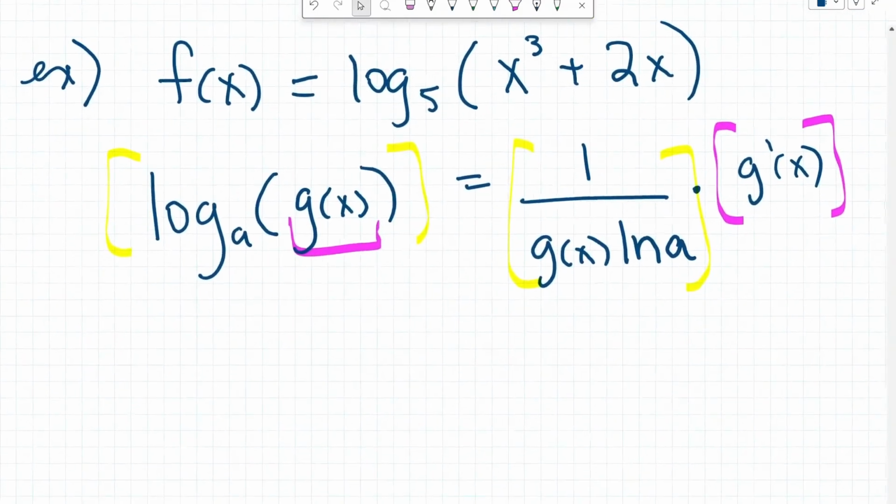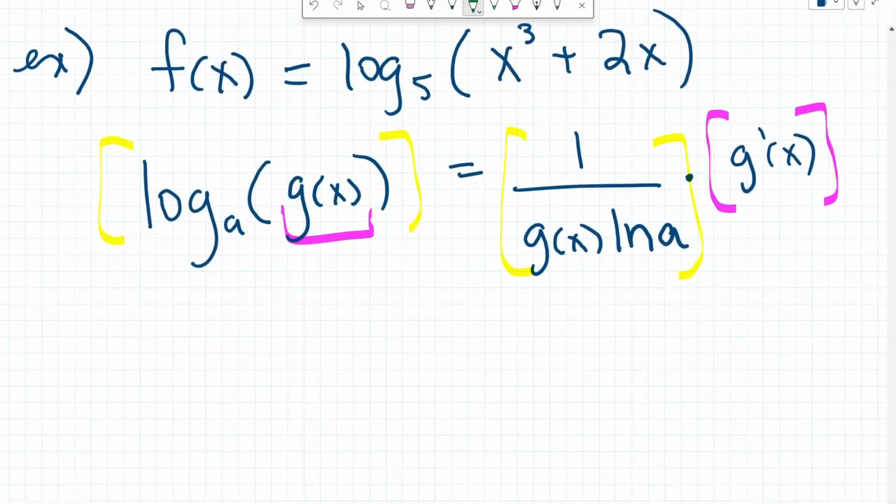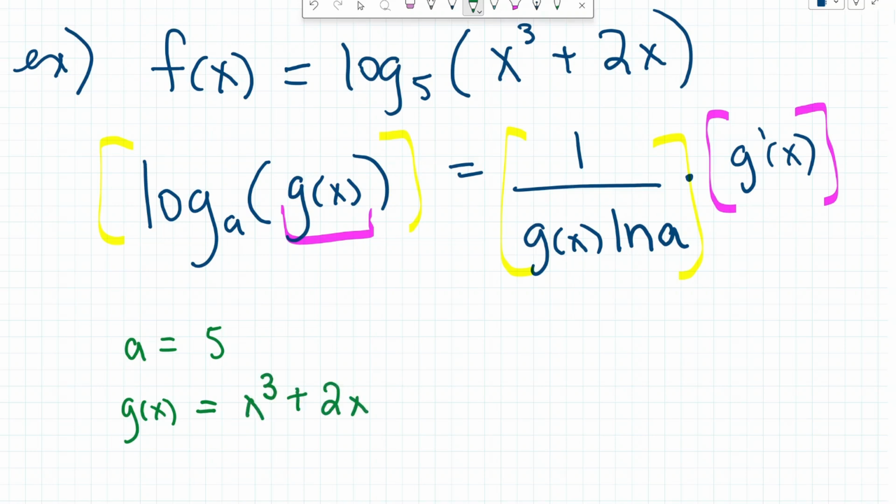Okay, so let's look at the specifics for our problem. Here we see that our arbitrary base a equals 5, right? And our g of x, our inside function, equals x cubed plus 2x.